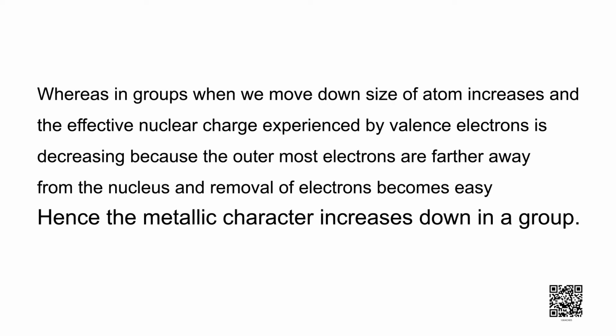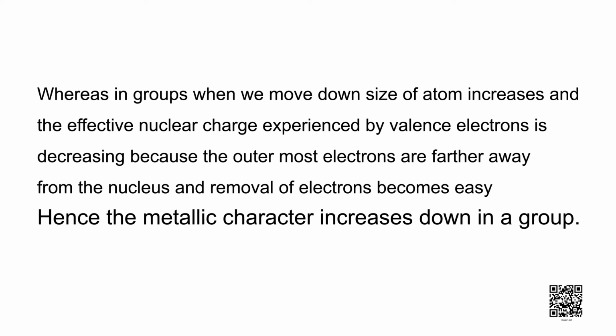Whereas, in groups, when we move down, the size of atom increases and the effective nuclear charge experienced by the valence electrons is decreasing because the outermost electrons are farther away from the nucleus and removal of electrons becomes easy.